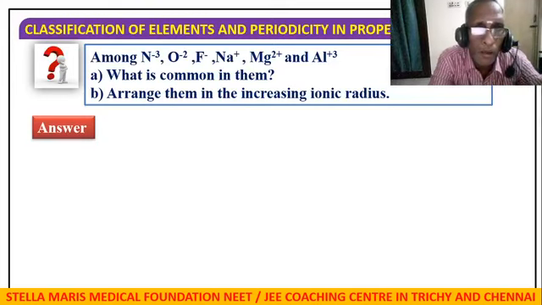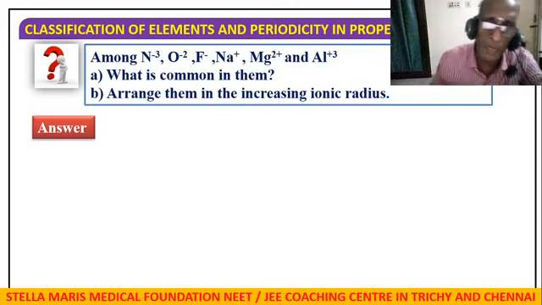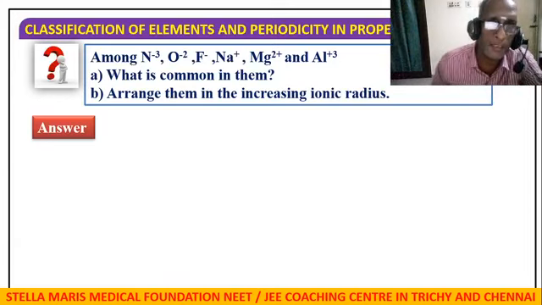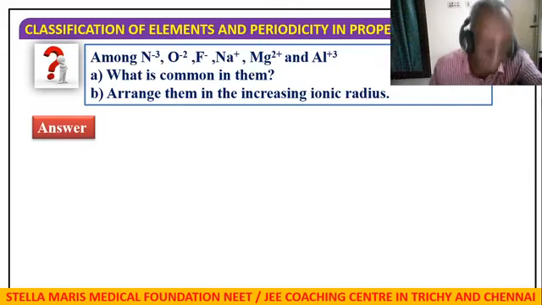Nitride has the maximum radius, next oxide, next fluoride, next sodium cation, and the minimum radius is Al3 plus. So Al3 plus is less than Mg2 plus, less than Na plus, less than F minus, less than O2 minus, less than nitride.